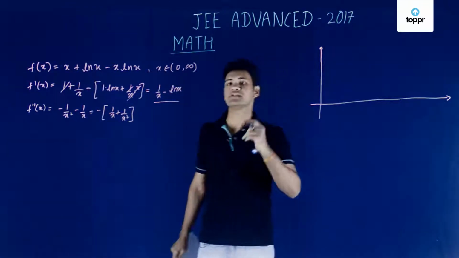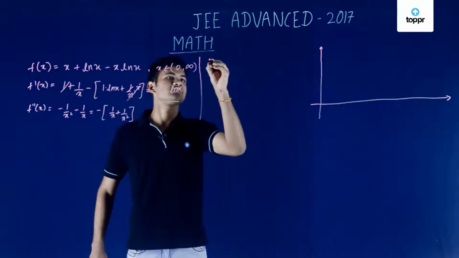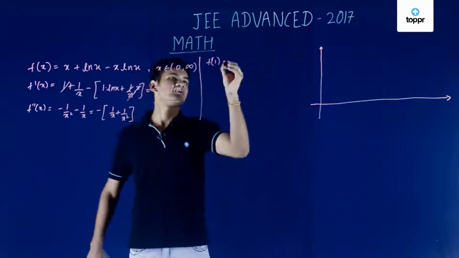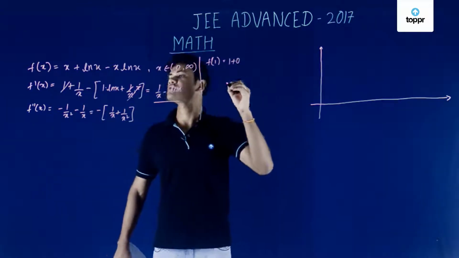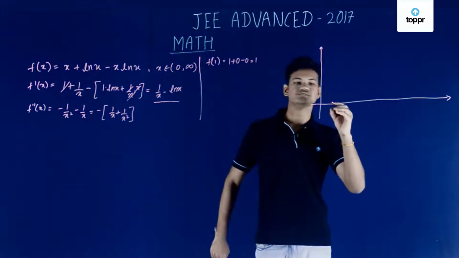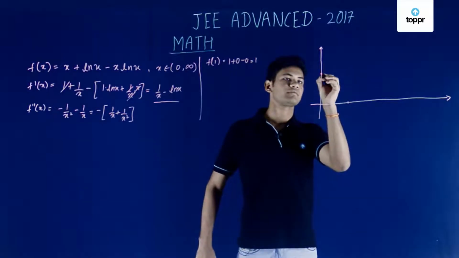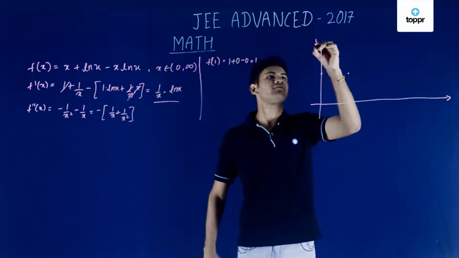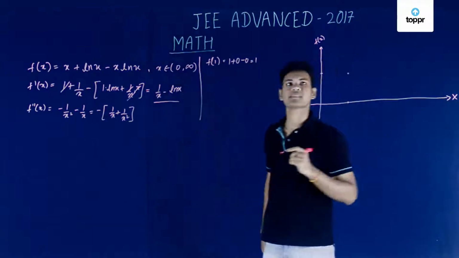So let us put in the value of f of x near 1. Let us see what is the value of f of 1. f of 1 comes out to be 1 plus 0 minus 0. So f of 1 is 1. This is the graph of f of x basically, right? f of 1 is 1.